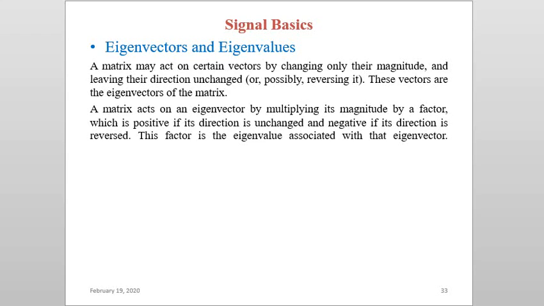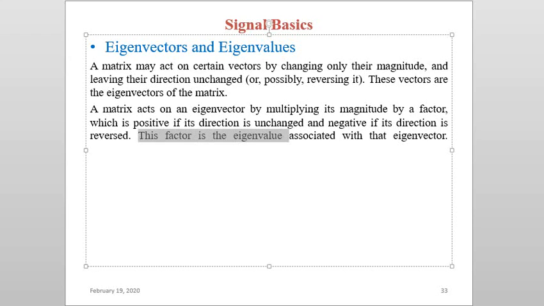Those vectors are eigenvectors of the matrix, and the matrix acts on an eigenvector by multiplying the magnitude by a factor, which is positive if its direction is unchanged and negative if its direction is reversed. The factor is the eigenvalue. That means the eigenvalue is just the factor we need to calculate for the eigenvector.